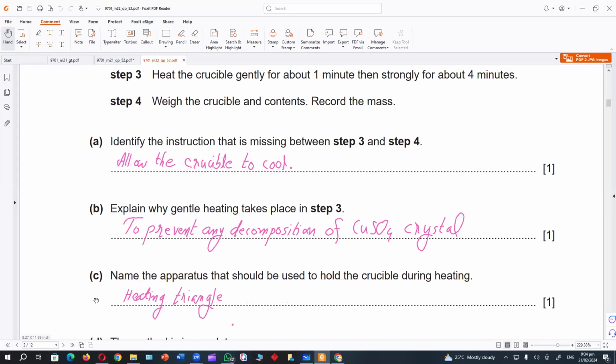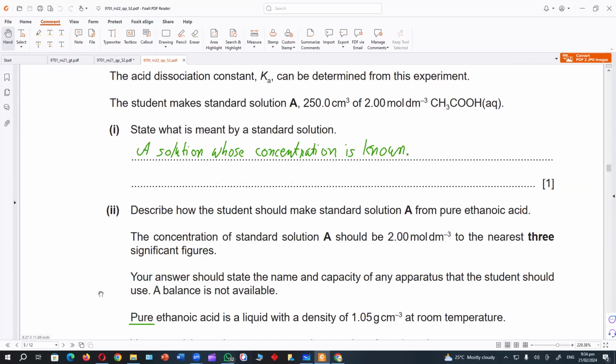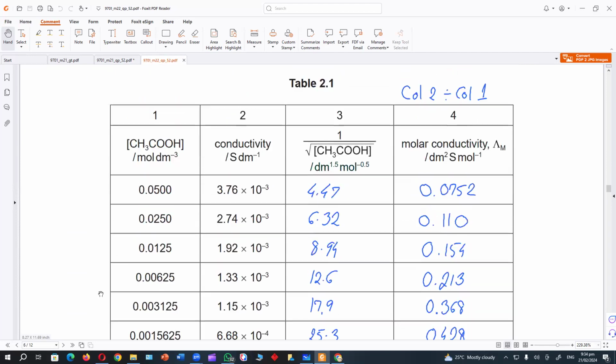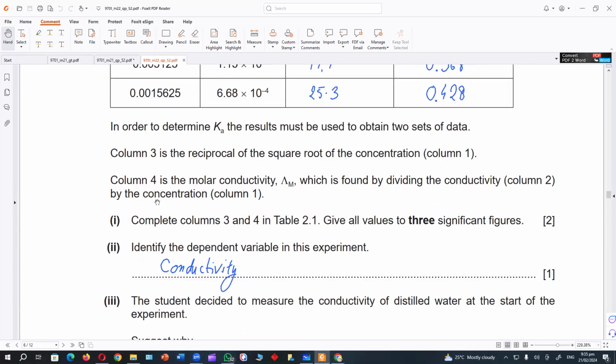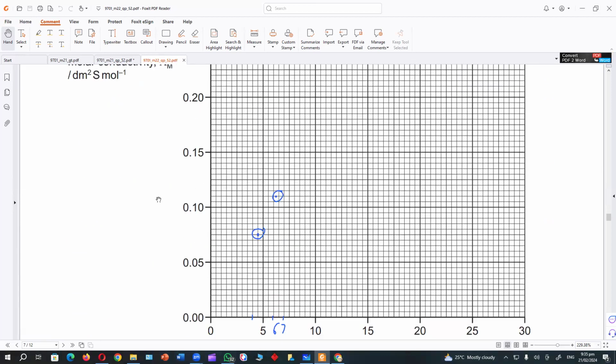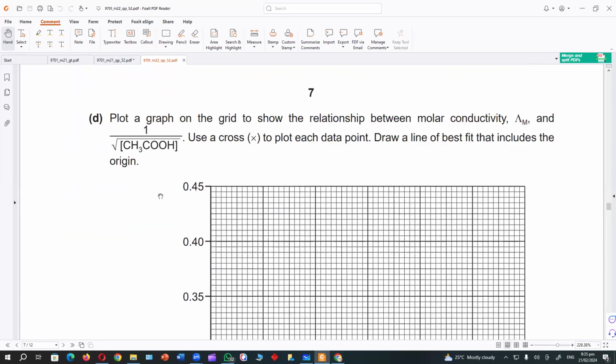So we made the table. We were on this one, and he's saying that D. It was molar conductivity against this under root thing.